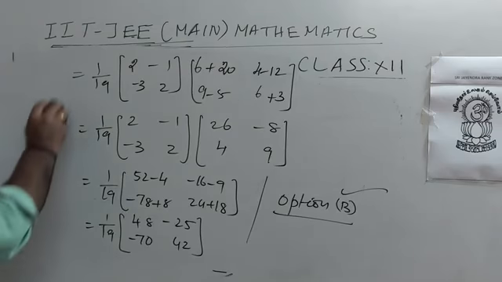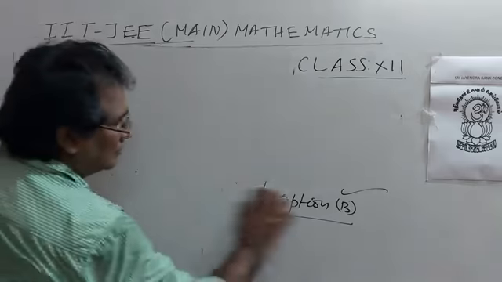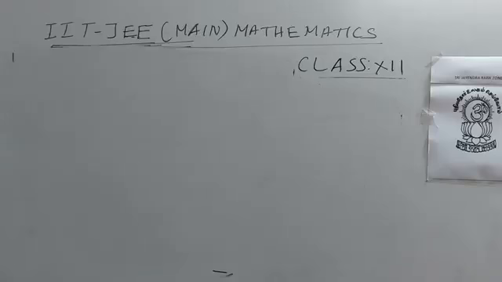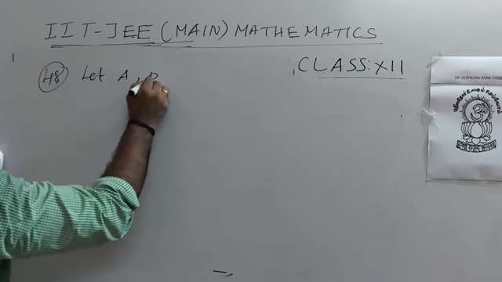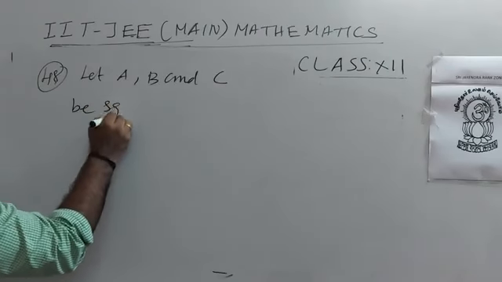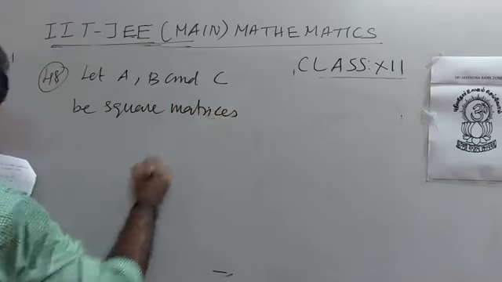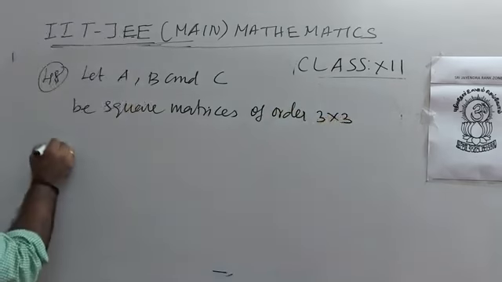Next one. Let A, B and C be square matrices of order 3 by 3.